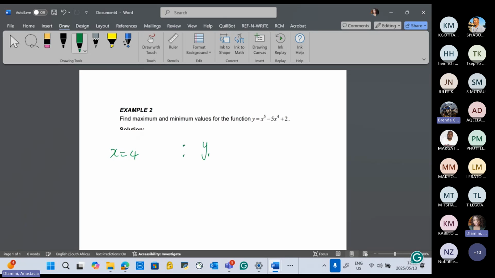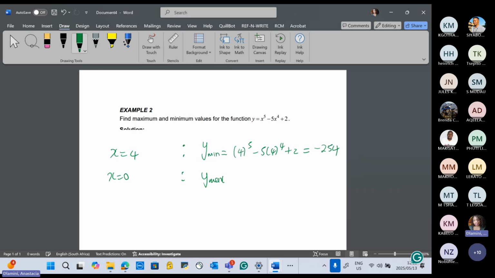So the minimum is equal to 4 to the power of 5 minus 4 plus 2. The answer is negative 254.